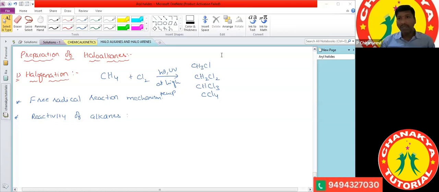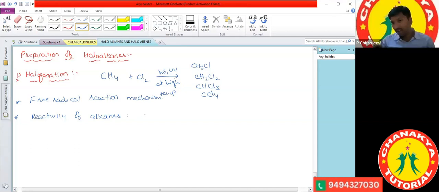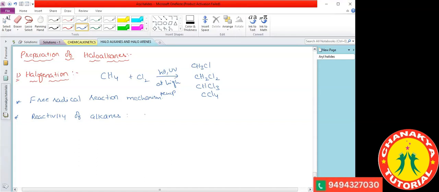Samhita, what is the primary? Any one of you? Sir, if the carbon has 3 hydrogens... That's not the correct one.